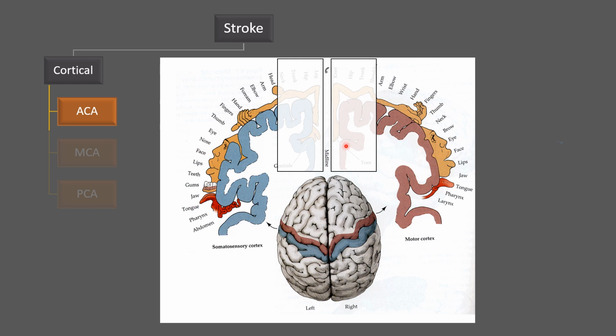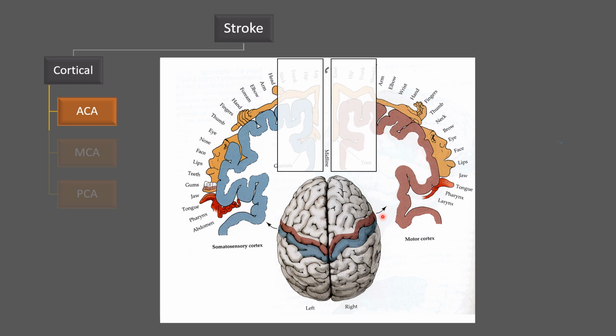As you can see here, the body representation throughout the cortex is reversed, so the genitalia, pelvic floor muscles, and the lower limbs are most medial in the cortex, while the face is the most lateral.